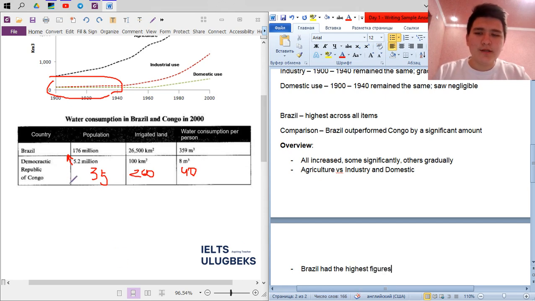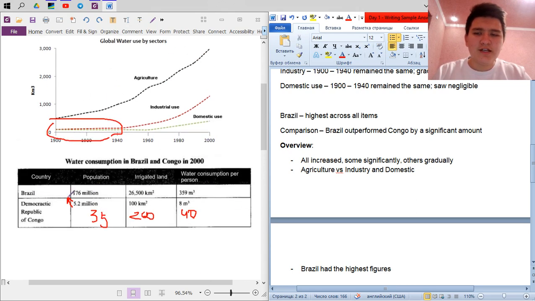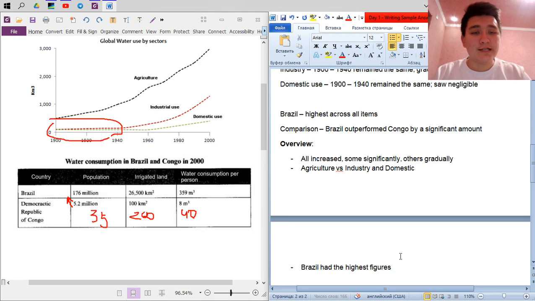So I think that should be it. The figures for Brazil dwarf those of Congo in the sense that they were really huge. So the figures were pretty high. That's what we could say.